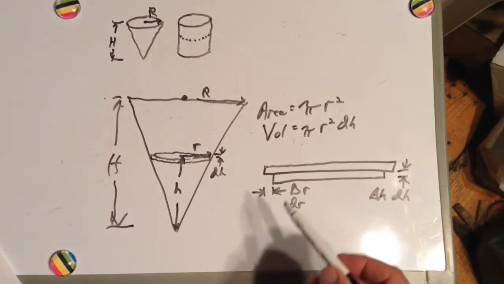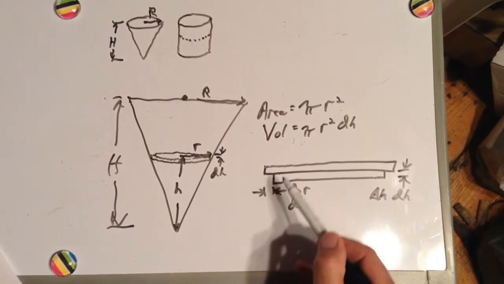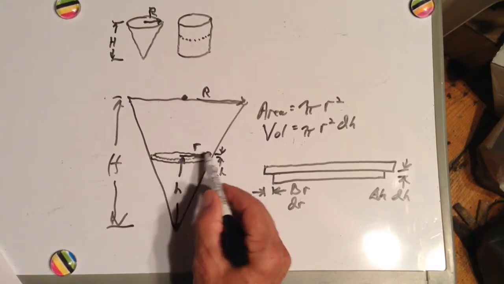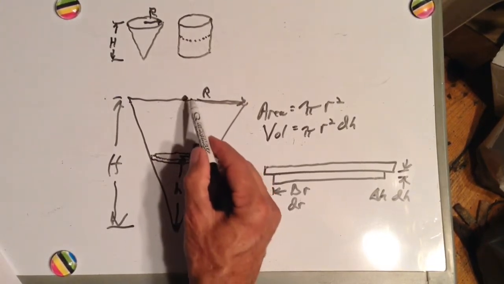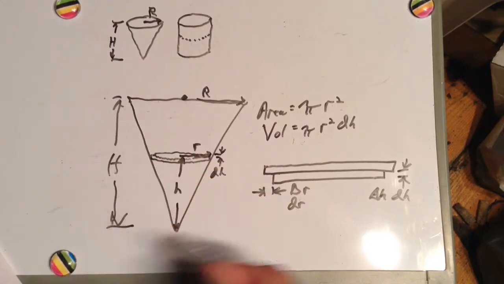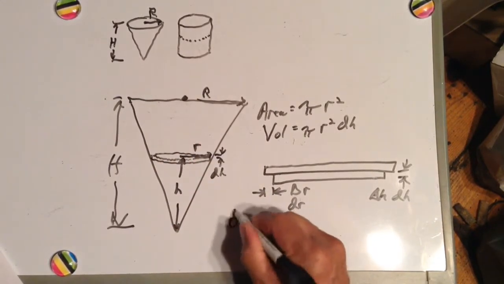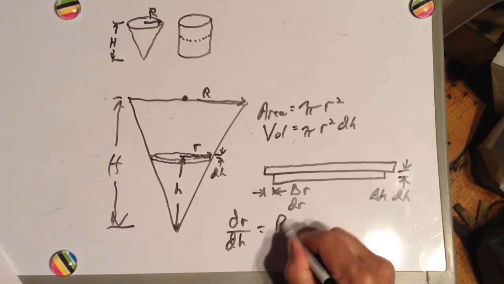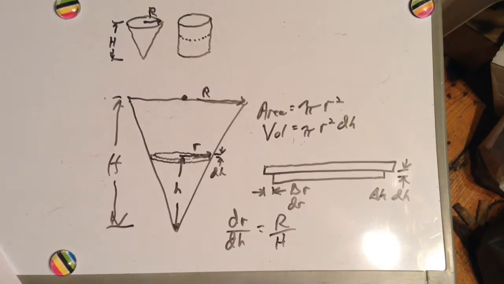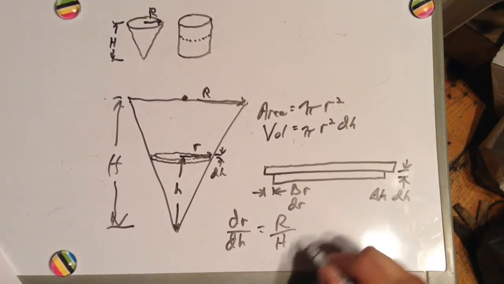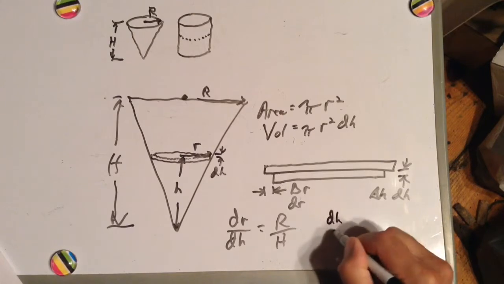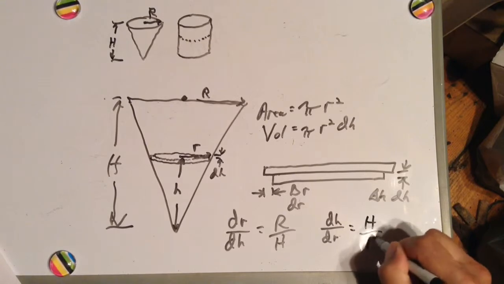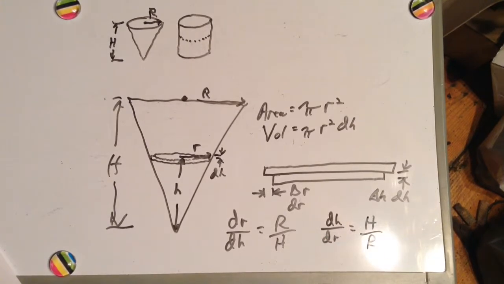As you can see, our ratio of dr to dh is the same as our ratio of r to h, which is the same as our ratio of capital R to capital H. So let's just say dr over dh equals capital R over capital H. And you can flip this around and say dh over dr equals capital H over capital R. We just flipped our equation upside down.